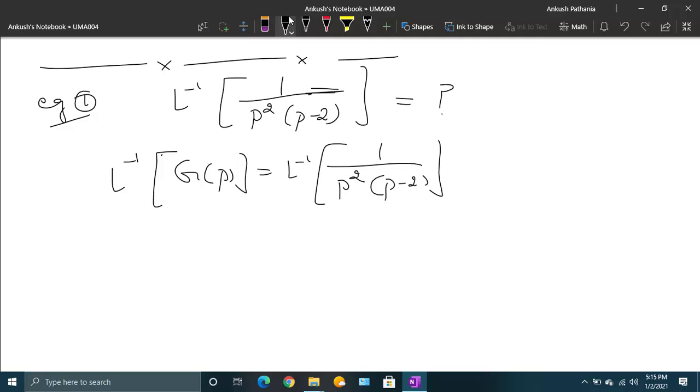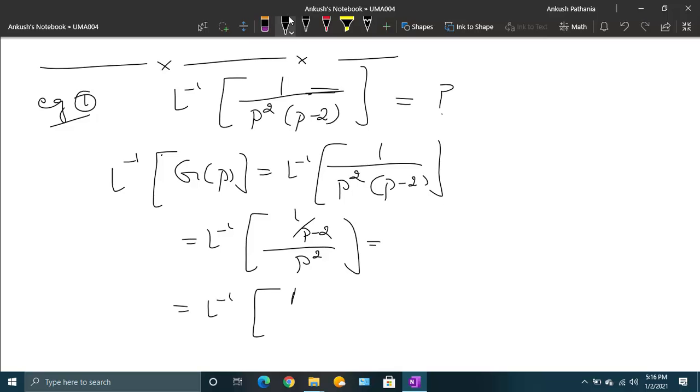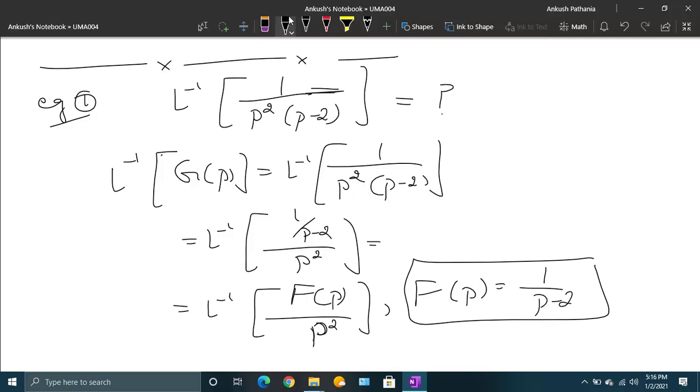Now, to correlate with property 5, I can write it as 1 upon (p minus 2) divided by p square. This is of the form F(p) upon p square. I will always take F(p) whose Laplace inverse I can easily find. So here F(p) is 1 upon p minus 2, and I know it is the Laplace transform of e raised to power 2x.